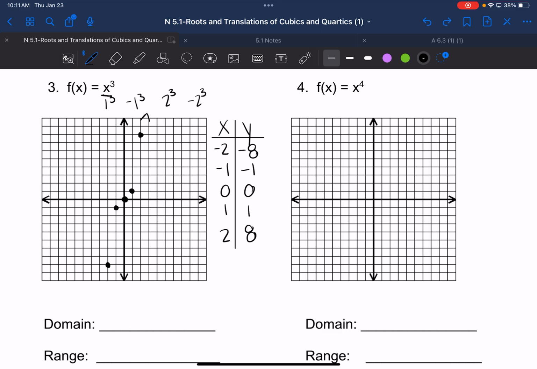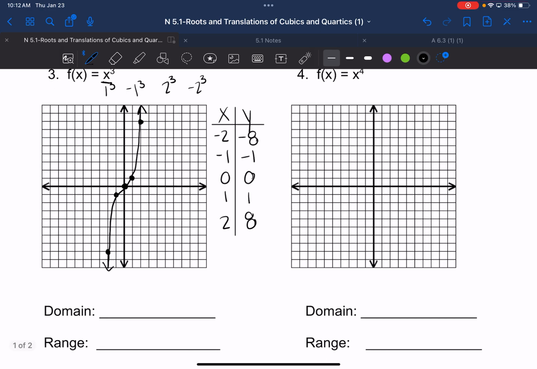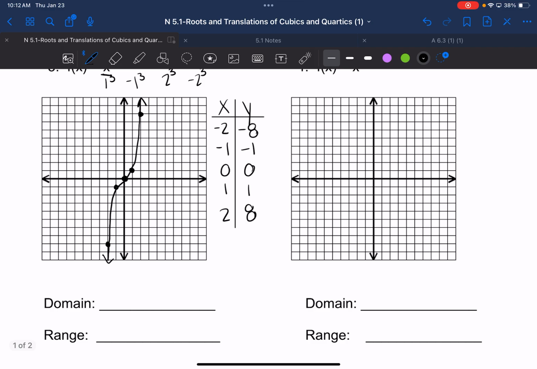So when I go and connect these points, oops, make that small. It's going to look something like this. Looking at this picture, what would you tell me the domain is?